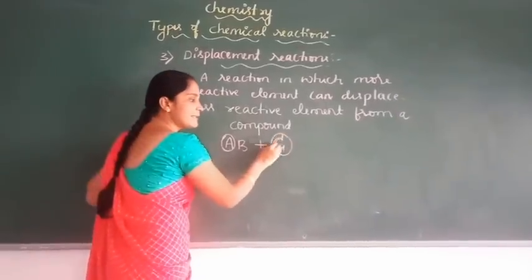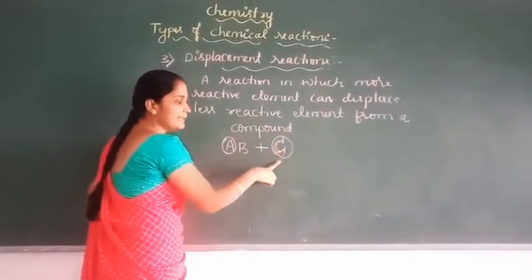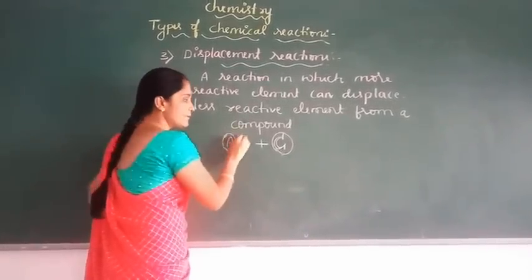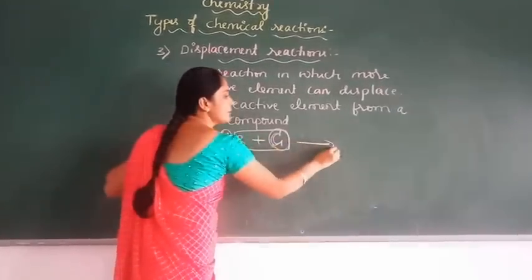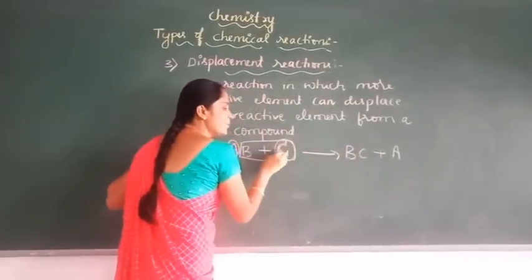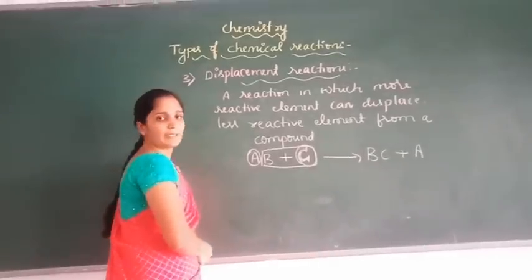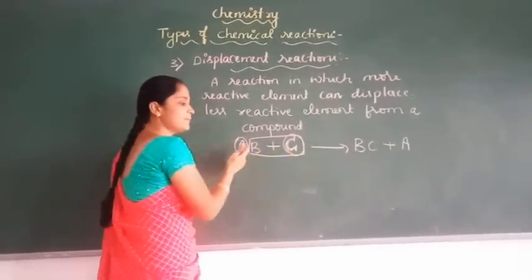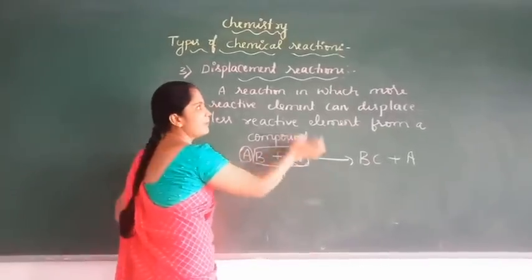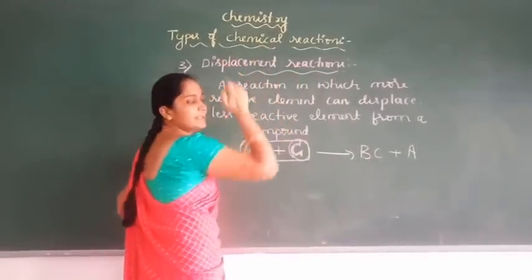So this more reactive element can displace the less reactive element from a compound. So we get BC plus A. So here C is a more reactive metal or element which can displace a less reactive element from a compound. This type of reaction is called displacement reaction.